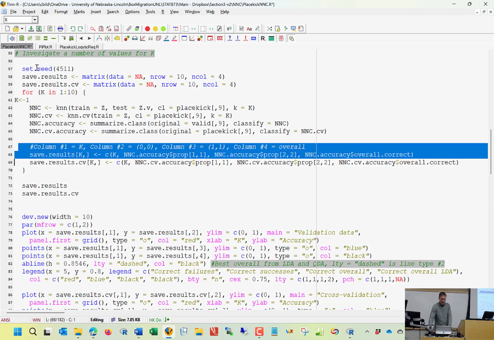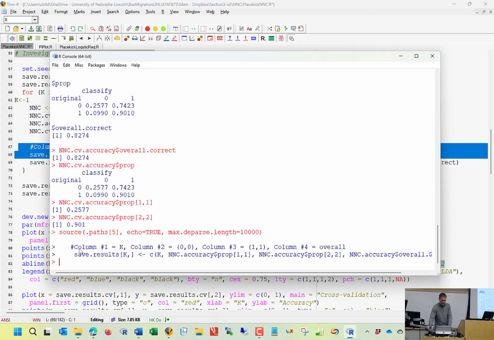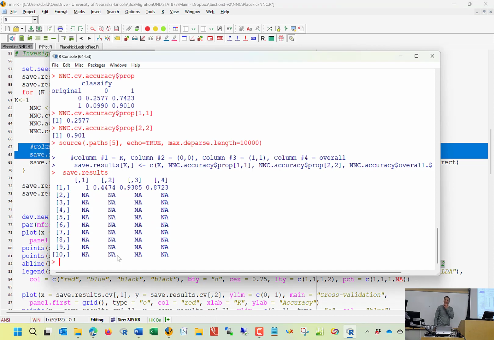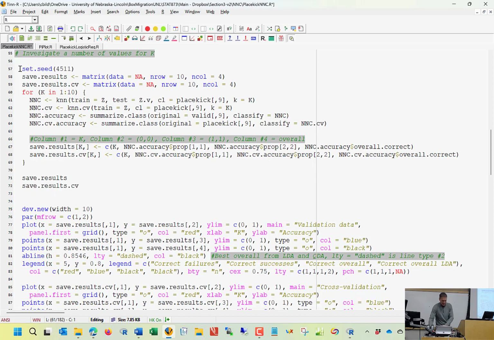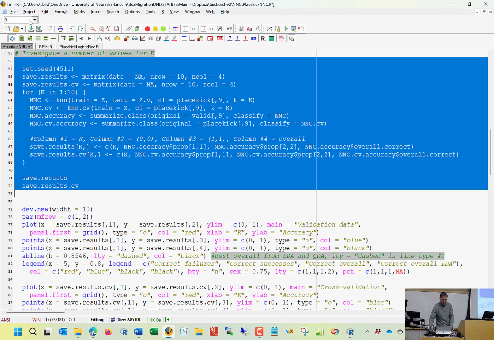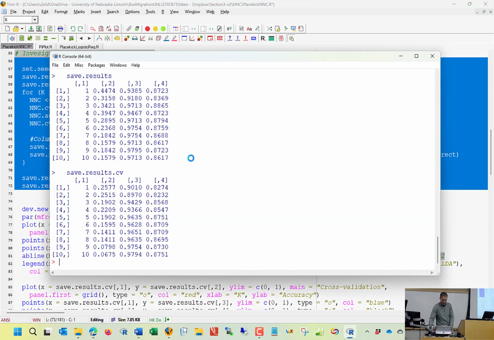So let's actually do that. And if I execute that code, there you can see how it was entered in. Okay. I do the same thing for cross-validation. Now let me remove that here, and let's run the whole thing, and then print the results. And this is what we get.